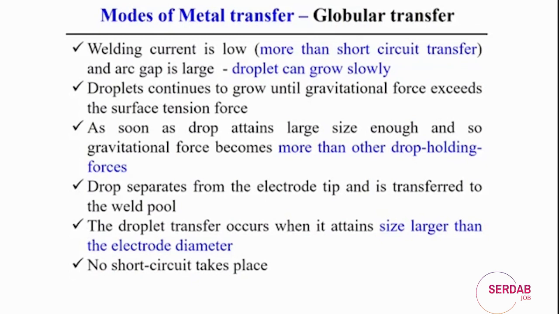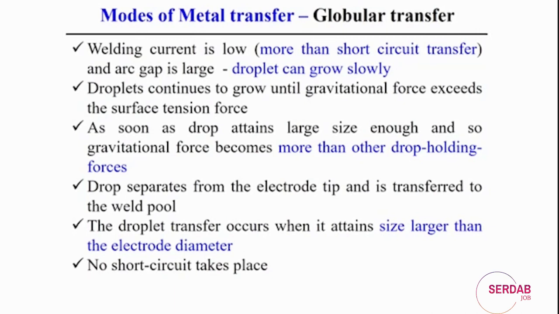Not only the surface tension force is responsible, because there are also other drop holding forces. So there is a balance between the surface tension force and other drop holding forces, for example electromagnetic forces, that play a role here. But the droplet transfer happens mainly due to the gravitational force on the droplet.